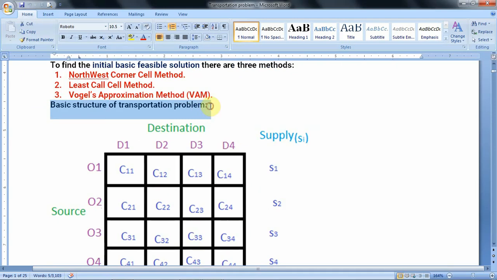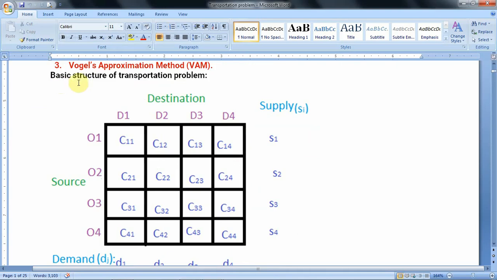Okay. So what is the transportation problem in mathematical model? Here this is the matrix model. Here O1, O2, O3 and O4 are the sources, and destinations D1, D2, D3 and D4 are the destination points.